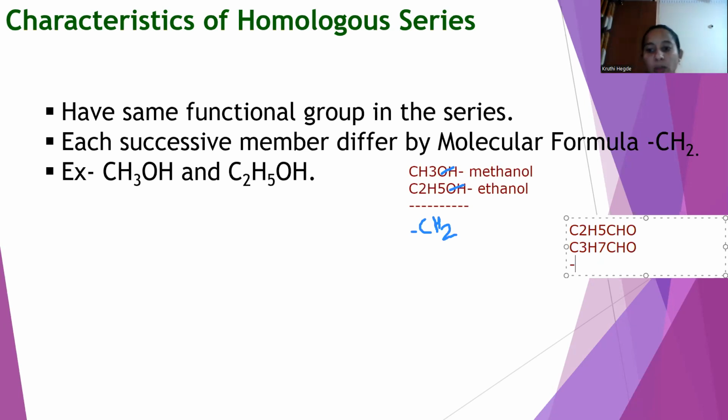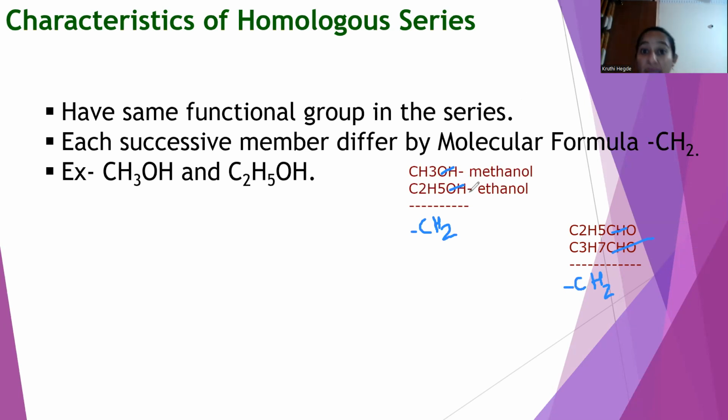What's the difference between these two? Here also, to find the difference, CHO cancels each other. H7 and H5, that means the difference is H2. C3 and C2, how many carbons are more? 1 carbon is more. So the difference is CH2.